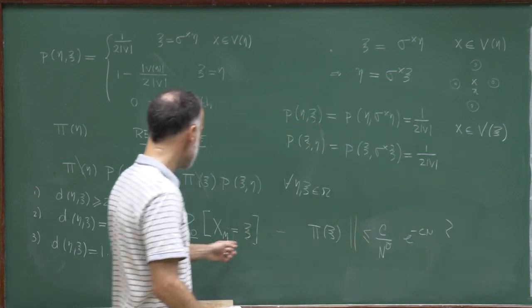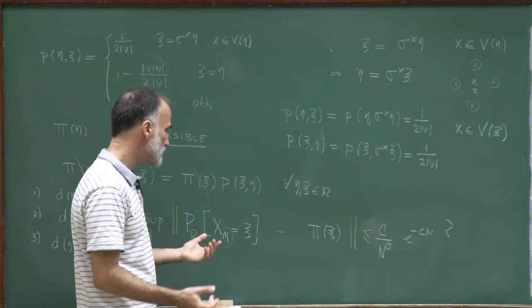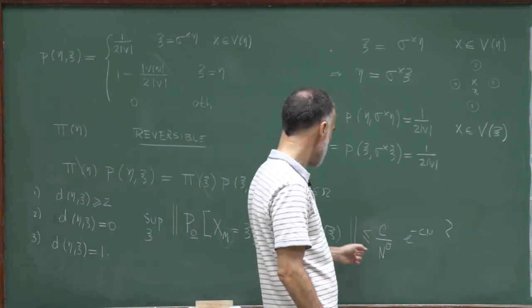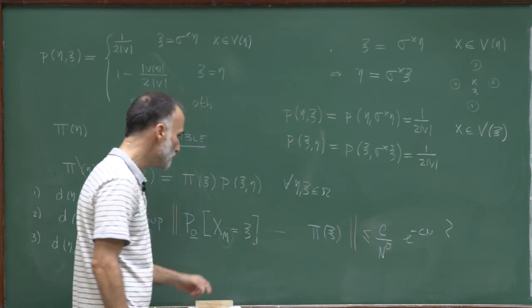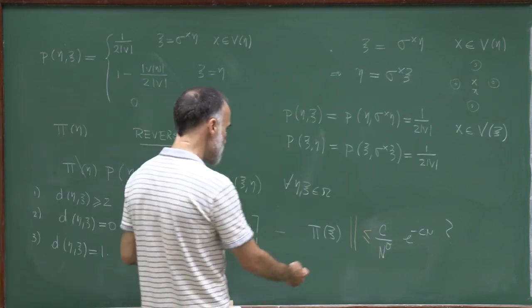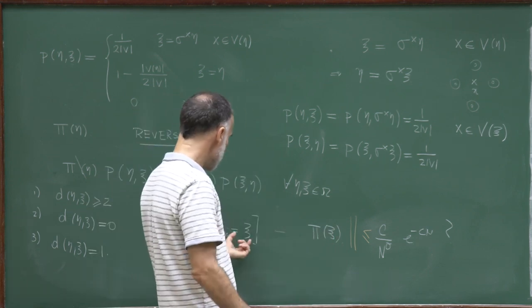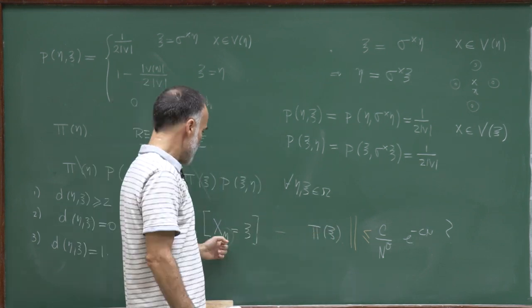How fast does this difference converge to 0? The theorem tells us only that it converges to 0, but now we need explicit bounds in n. So I'm sorry, here this n is that one. We need estimates to tell us how large we need to take n in order for this distribution to be close. And this is a second point.